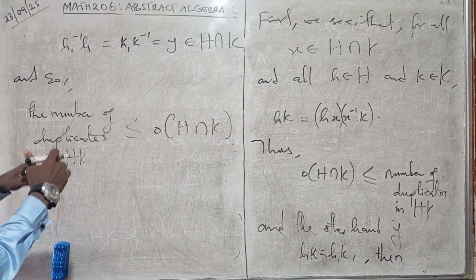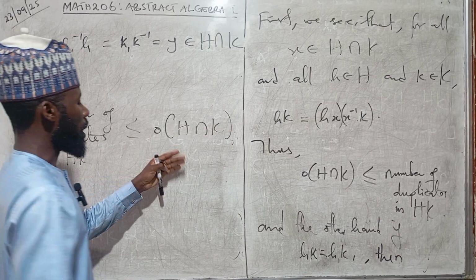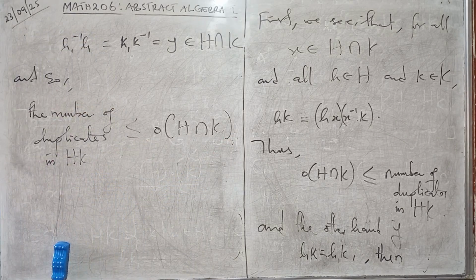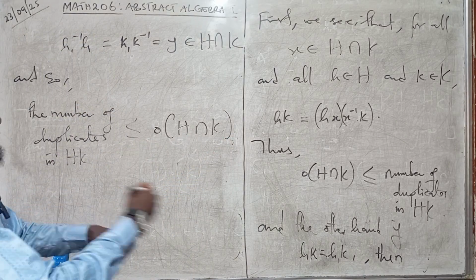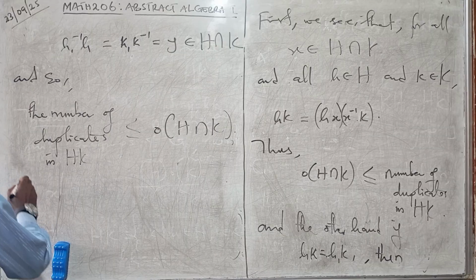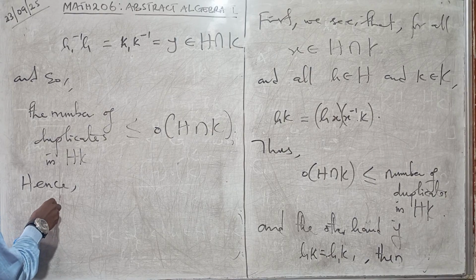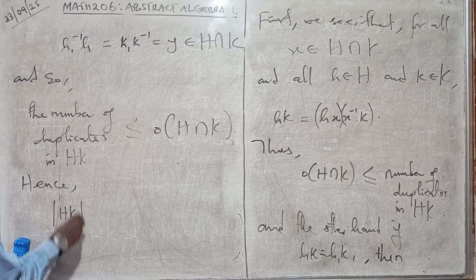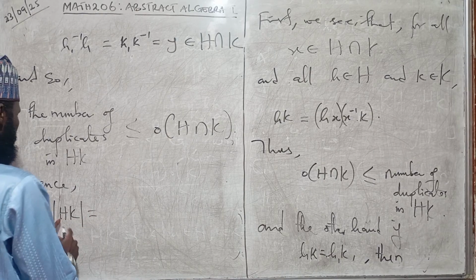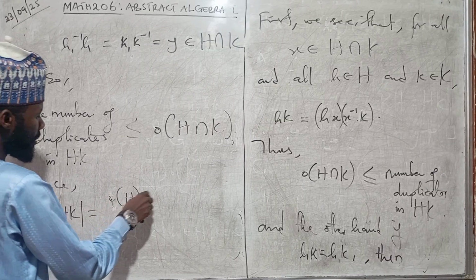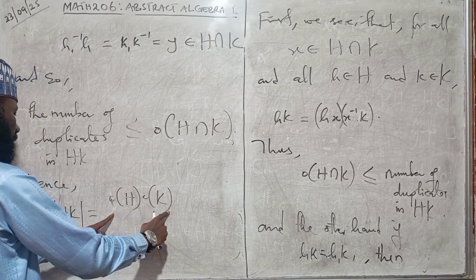So from the two inequalities, you have exactly this number of duplicates in the counting of elements. It's just a simple counting principle, but a little bit tricky. The number of elements in HK would be equal to the number of elements in H times the number of elements in K.